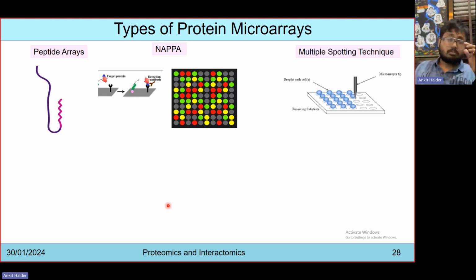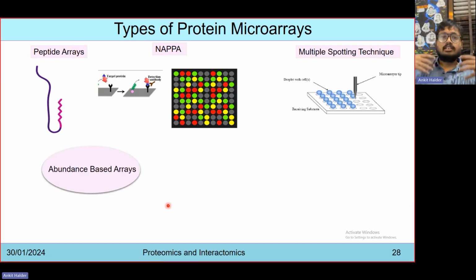Similarly, for the multiple spotting technique, where the PCR products and the DNA were used to directly transcribe and translate into protein and get the interaction. So there was no need for the cells and the cell-based expression.